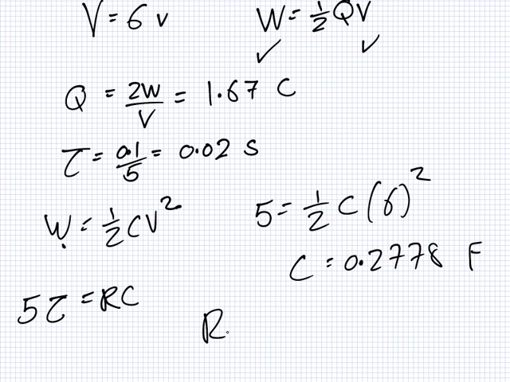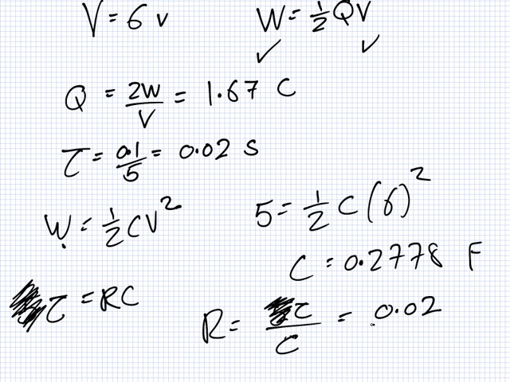So R equals the time constant over C, which is 0.02 over 0.2778. Whew, finally, 0.072 ohms.